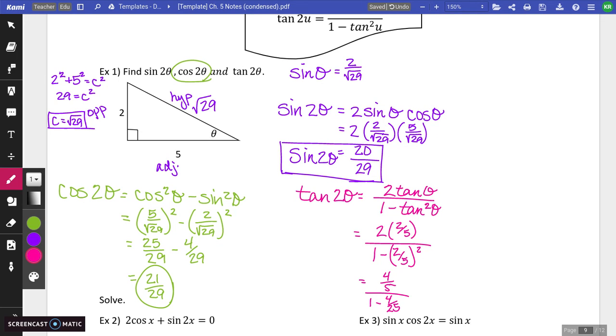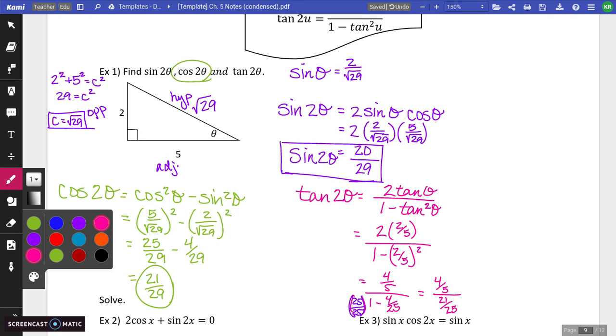So I'm going to need to get common denominators. So I'm going to multiply by 25 over 25. This will become 4/5 divided by 21/25. So I went ahead and did 25 minus 4, which is your 21. And then I have a fraction divided by a fraction.